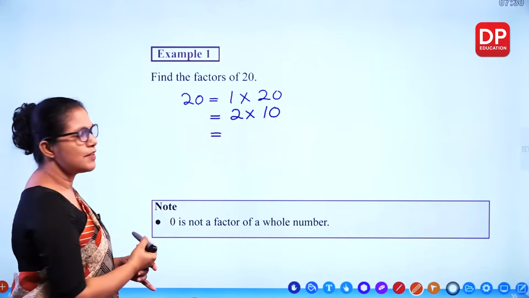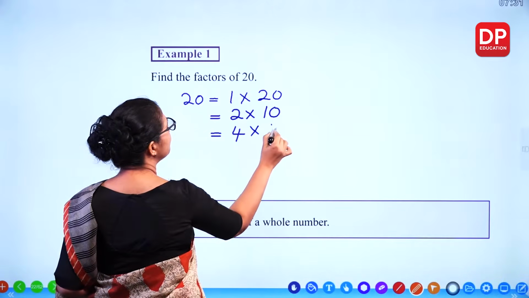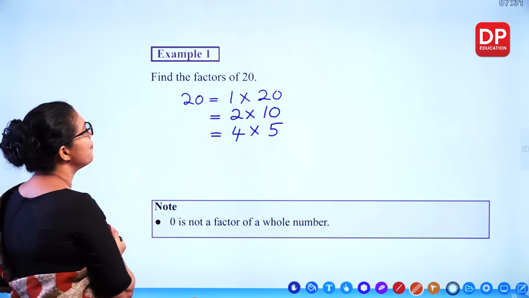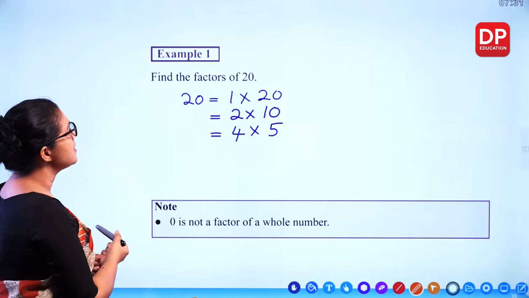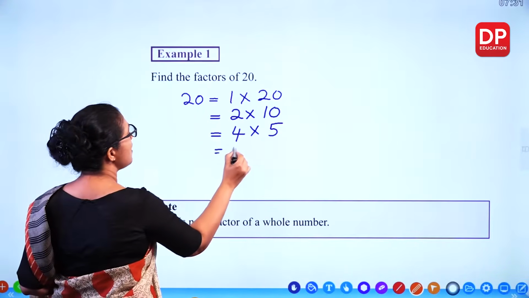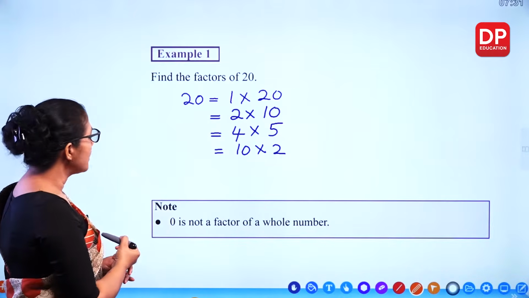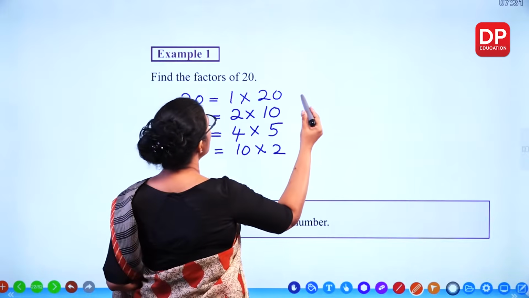Then can we divide by 3? No. 4. 4 times 5. 5 times 4 is also the same. 6, not possible. 7, not possible. 8, 9, 10. 10 times 2. So what are the factors of 20?